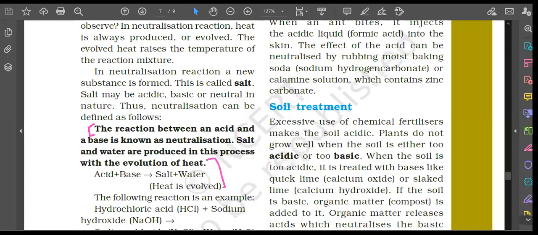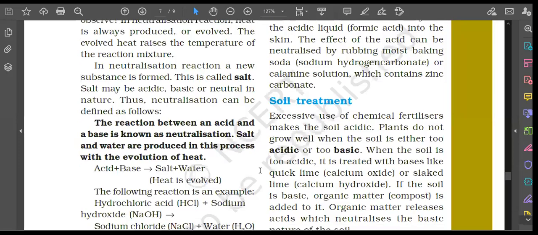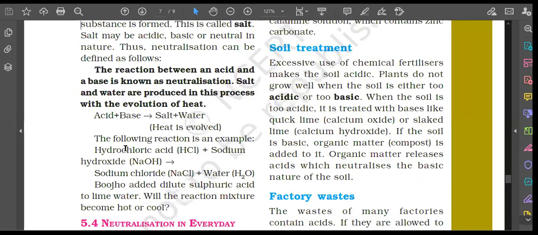Okay everyone, very good. So see the reaction: NaOH plus HCl gives NaCl plus H2O. This is your reaction. I just said that when we feel acidity, it is because of a higher amount of acid.